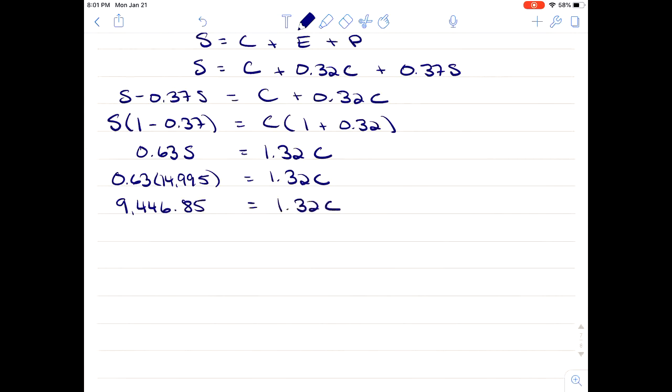1.32 C. Solving for C, I'm going to divide both sides by 1.32. So C is 9,446.85 divided by 1.32.